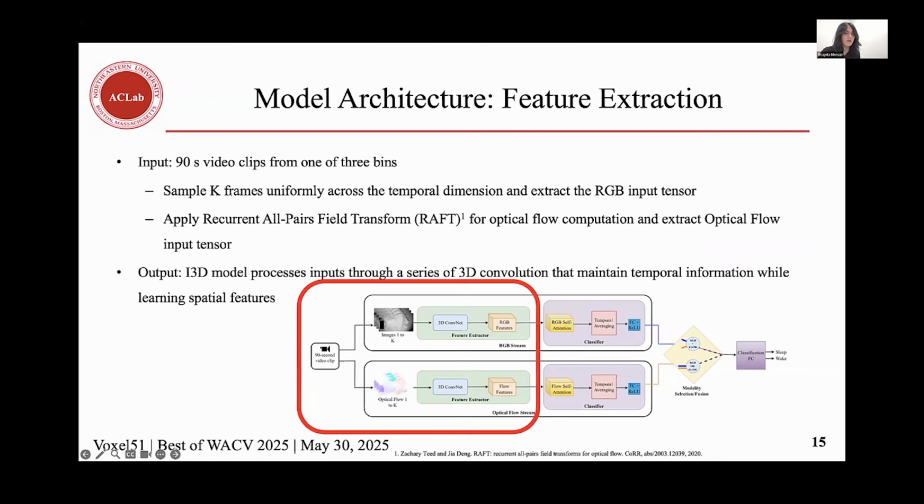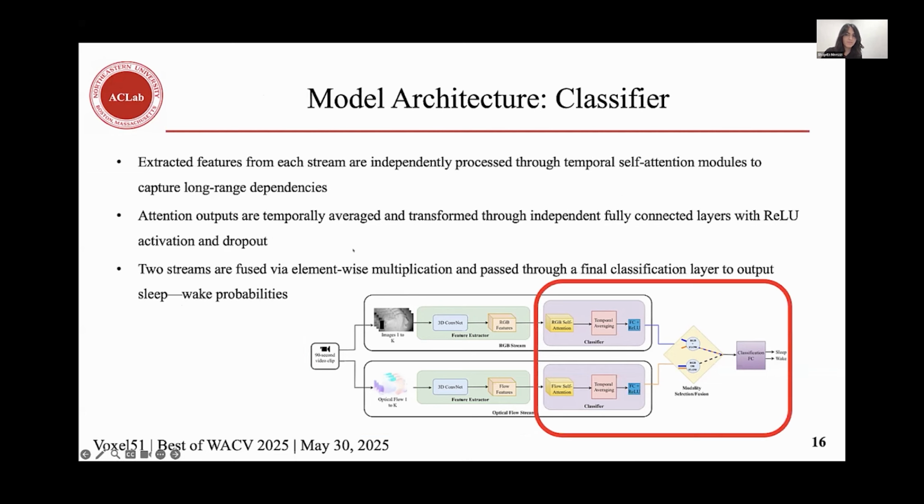It samples keyframes uniformly across the temporal dimension and extracts both RGB information and uses RAFT to capture optical flow information. Then the I3D model processes these inputs through a series of 3D convolutions that allow us to maintain temporal information while also learning the informative spatial features. That's happening in the green box here.